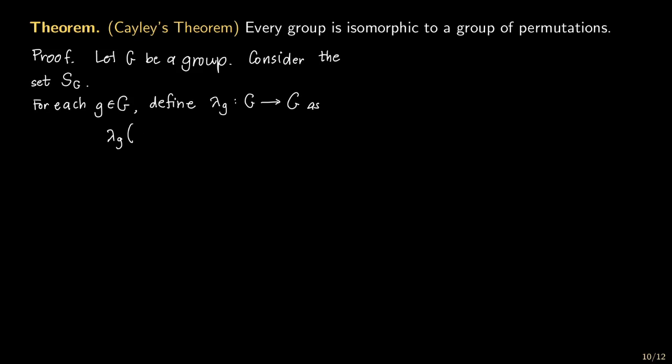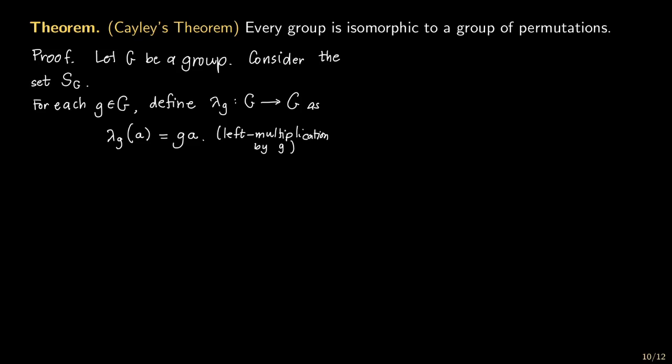Lambda g sends every element a of the group to g times a, because g is already in G. If you multiply g with a, you get another element of G. So you can think of this as a left multiplication by the element g. So lambda g multiplies g to every element of the group.